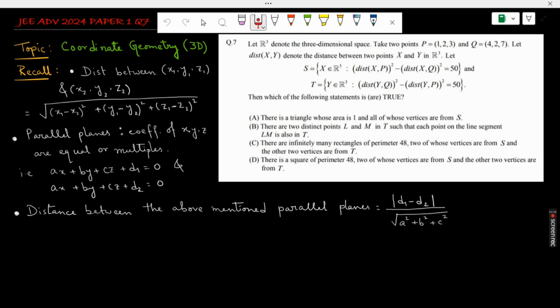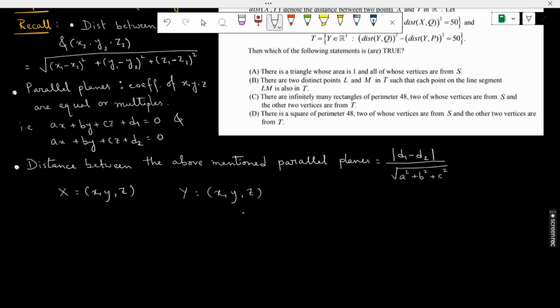Now, to solve the question, we need to express S and T, that means the sets, in a simplified way. So how do we define S? For that, first of all we need to know the point. Let X be a point of the form (x, y, z). It is a point from 3D space, so we can take that.